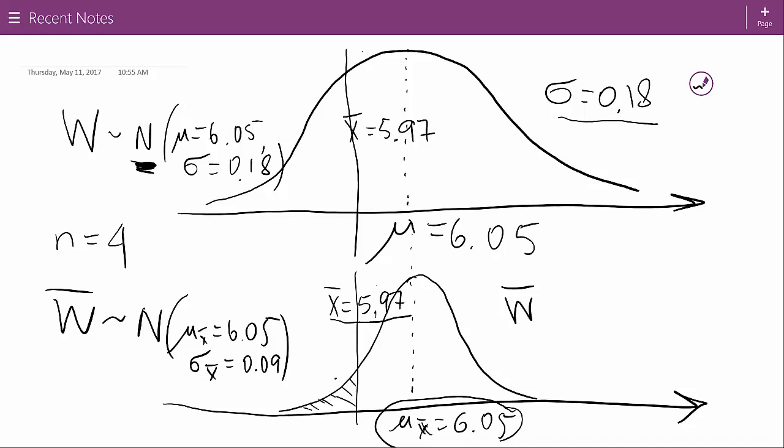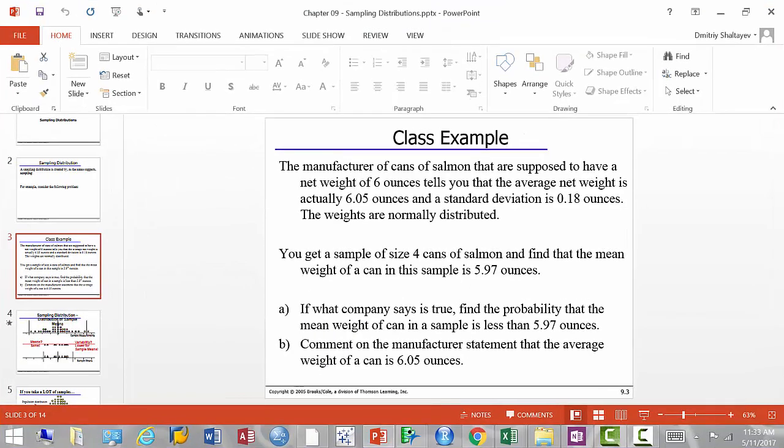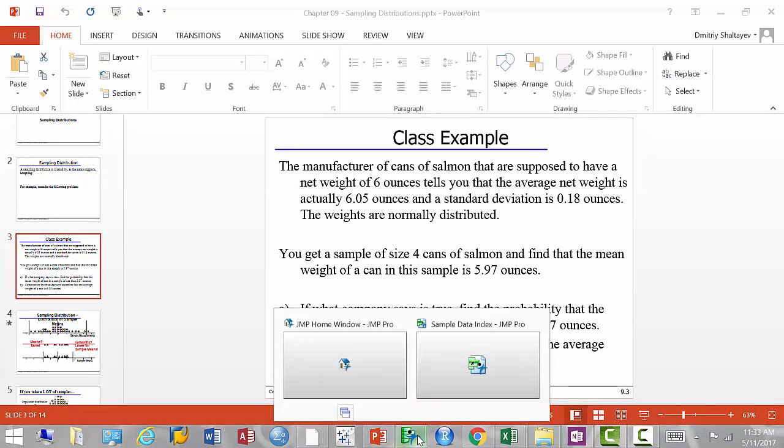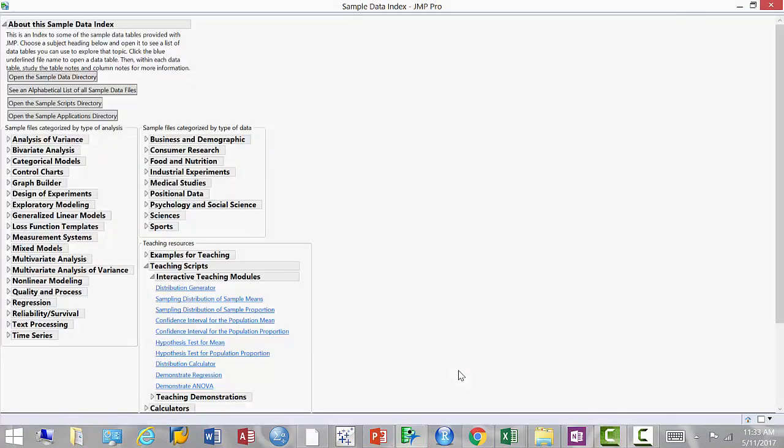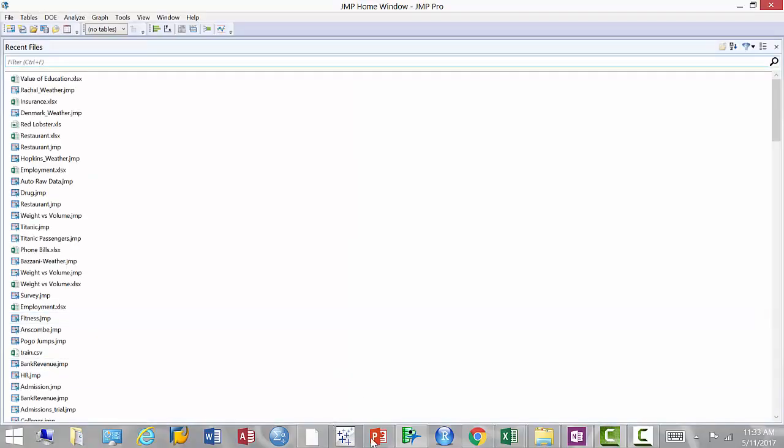I need to use some sort of software for that. Well, that would be JMP in our case. But let's go ahead and do that, actually. Make sense? All of that? Okay. Let's go back, and this time I believe it's going to work for us. Yes. So let's switch to JMP. All right. And we're going to use the same exact tool as we did before for distribution considerations, right?